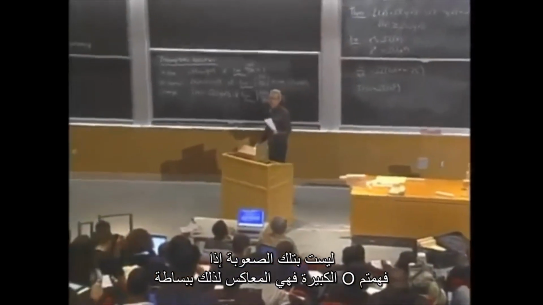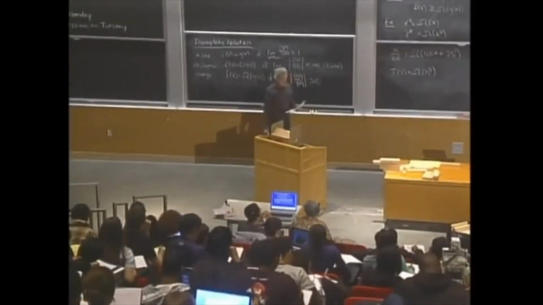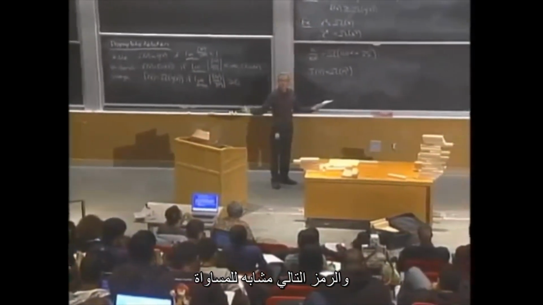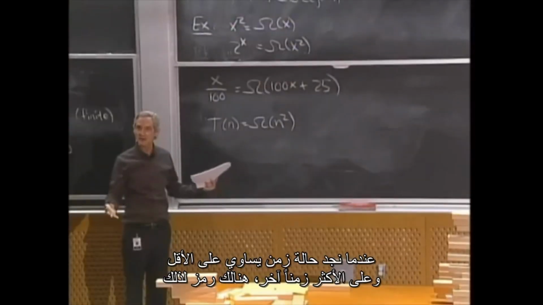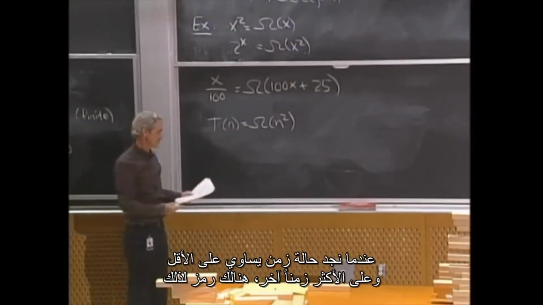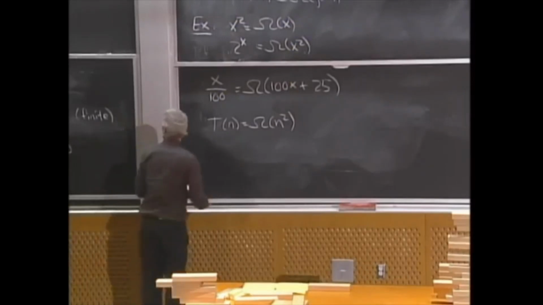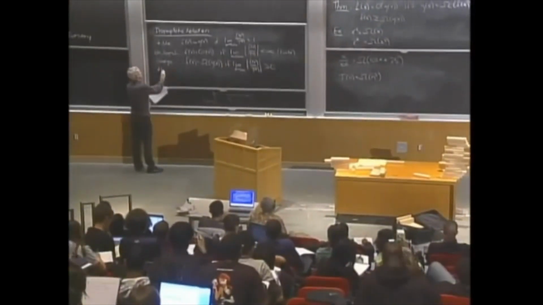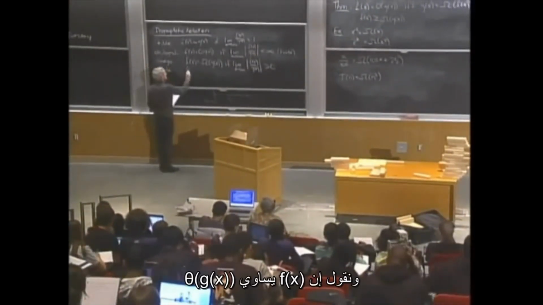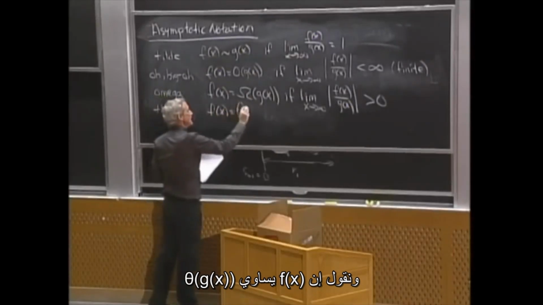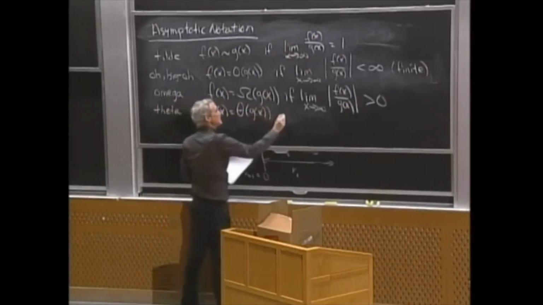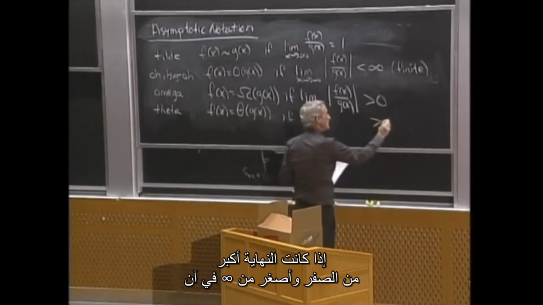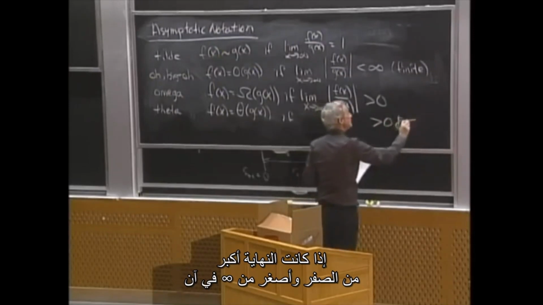Not too hard once you have big O. It's just the opposite. The next symbol is the version of equality, where you're at least as big as and at most as big as. There's a special symbol for that, and in that case we use theta. We say that f of x equals theta of g of x if the limit is both bigger than 0 and less than infinity.